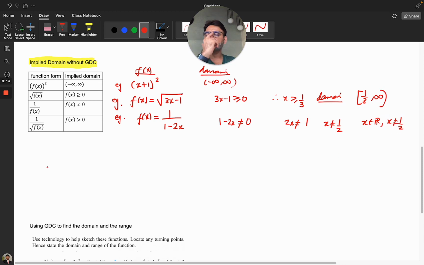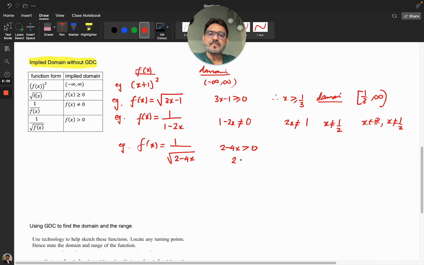That's your domain. For 1 upon the square root of f(x), your domain will be f(x) is greater than 0. So you just solve this greater than 0. If I give you, let's say, the root of 2 minus 4x, whatever is inside the square root, because it's a denominator, it's only greater than 0.